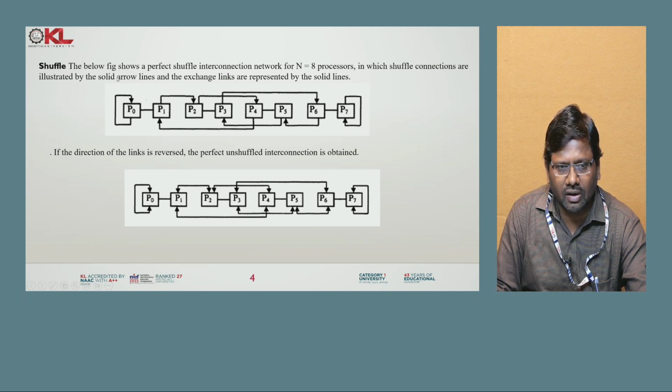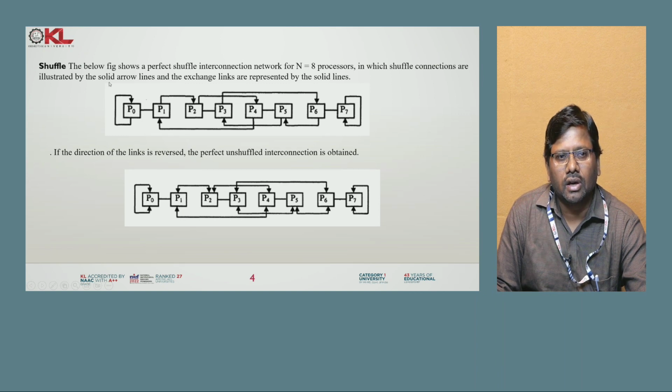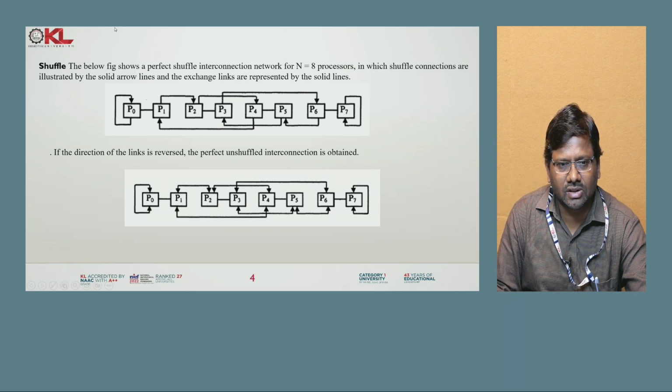In the diagram we observe two kinds of things, arrows and lines. The ones represented with the arrows are the shuffle. That means we can shuffle the data with respect to a particular processor, and we can carry out the exchange of the data with the links. So shuffling is carried out with respect to the arrows, and exchange of data is carried out with respect to the links. That is the difference.